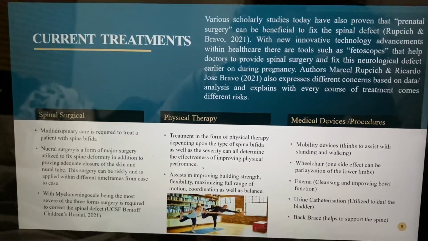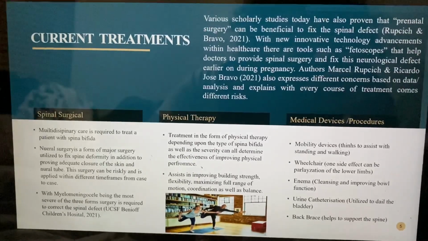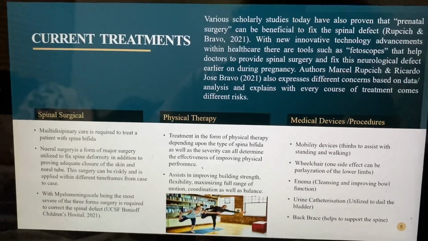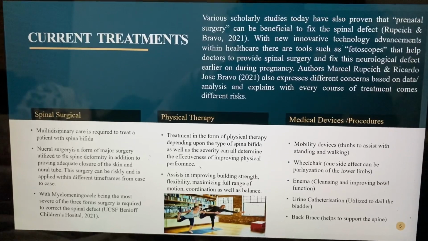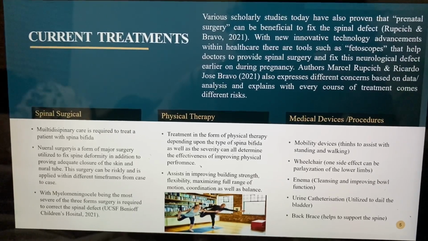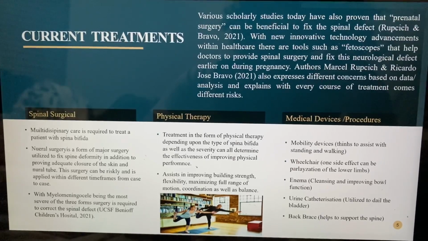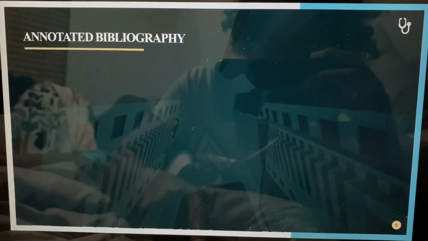All of these things tied together can help you have a better understanding of the resources that are out there, the communities that you can be a part of, and awareness that you can create in order to better this common defect that is targeting a lot of infants, babies, amongst this world.